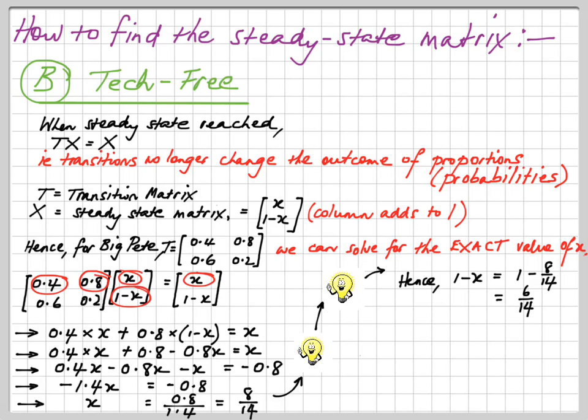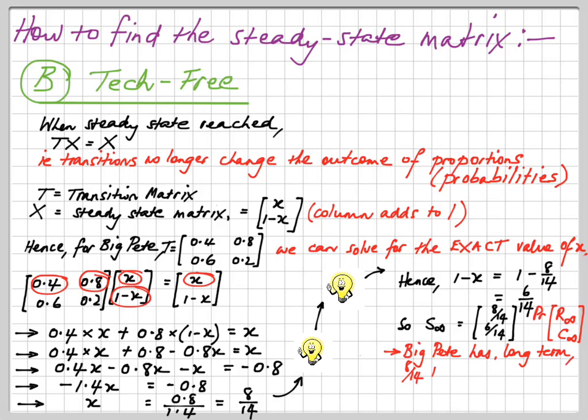That's Big Pete. Now let's see. Yeah, there's S infinity. It's steady state. I've written it as over 14, but you can think about it as over 7 if you like. 8 over 14, 6 over 14, or 4 over 7, 3 over 7. Now I want to take that 8 over 14, yes, and see if it comes to the same thing as what we got on the previous screen.